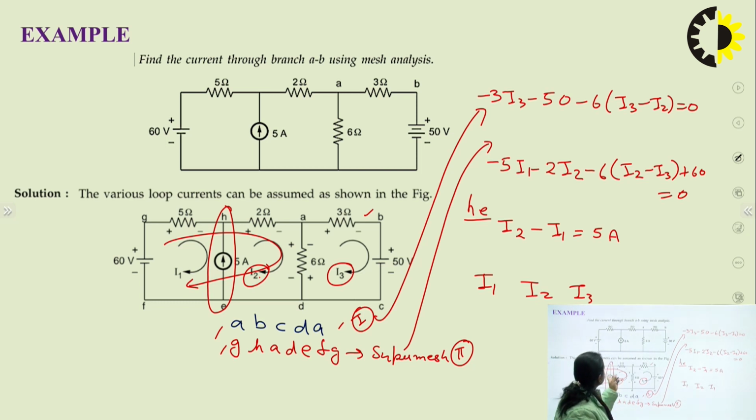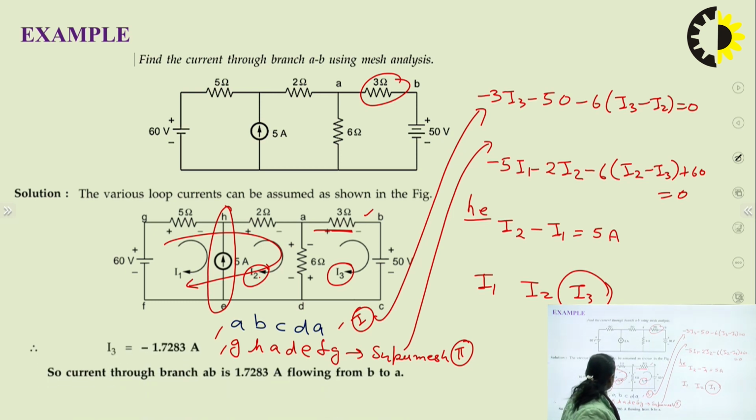But according to this question, we have to find the current in branch AB, that is in the 3 ohm. It means the answer will be I3. We will find the value of I3 after solving these equations.